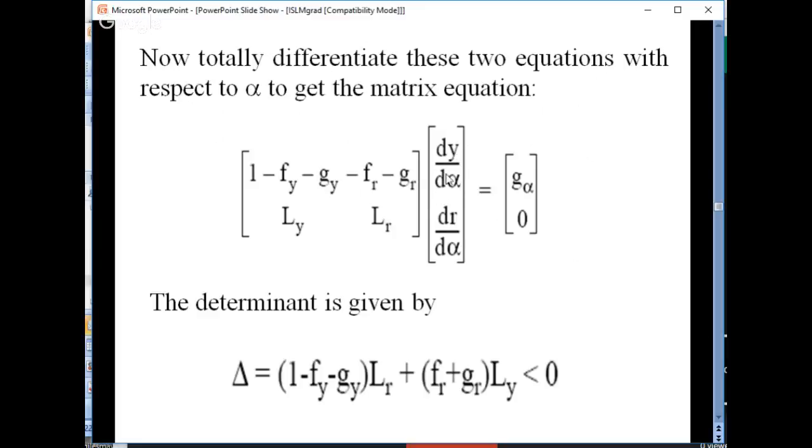And I have dy d alpha, dr d alpha, so we can see how the shift parameter affects them. And finally, I get g of alpha and 0, because alpha, our shift parameter, is not in our money demand equation. Therefore, multiplying anything by changes in alpha is going to give us 0.